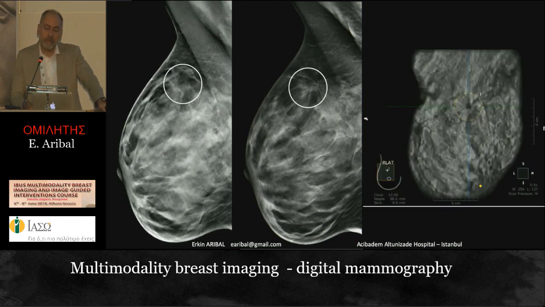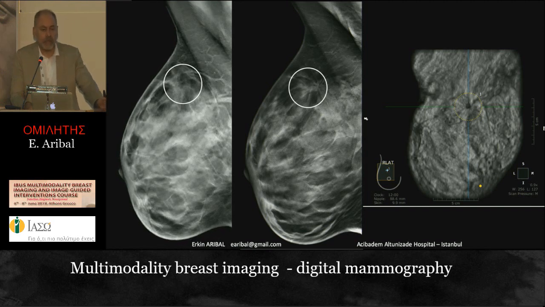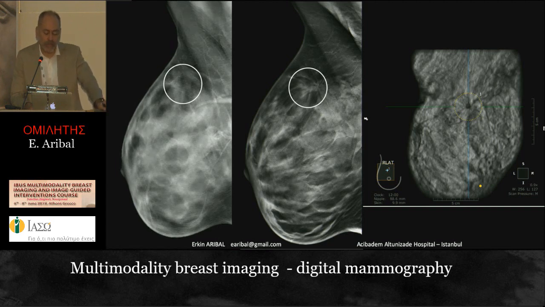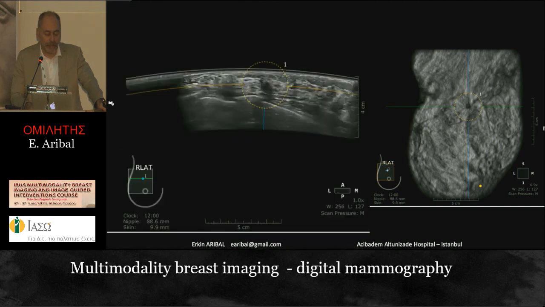And here is the automated ultrasound image, the coronal image, which shows us the retraction of a black hole, which is a sign of a malignant lesion most of the time. And this is the transverse image of the automated breast ultrasound with malignant features: it doesn't have a shape and the margins are not good.